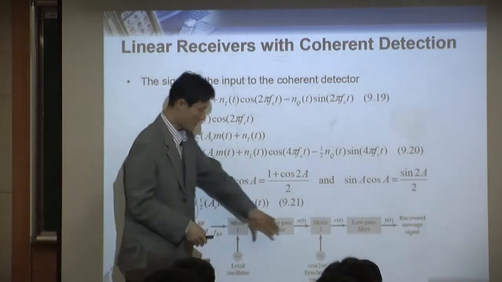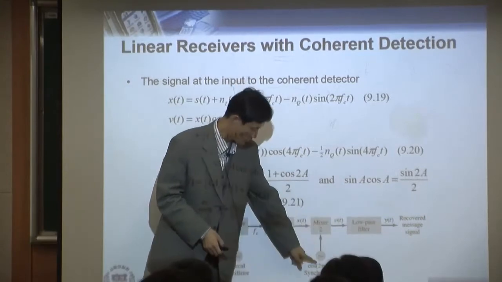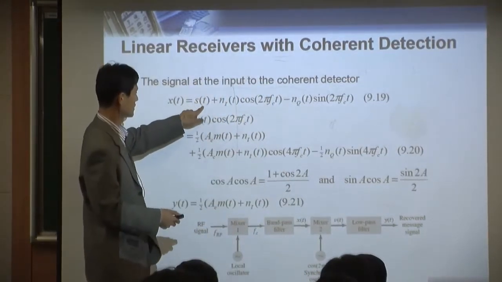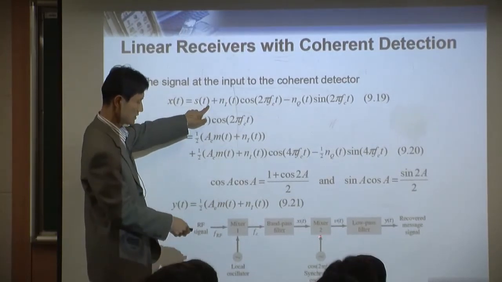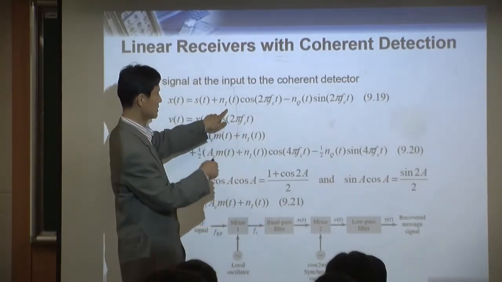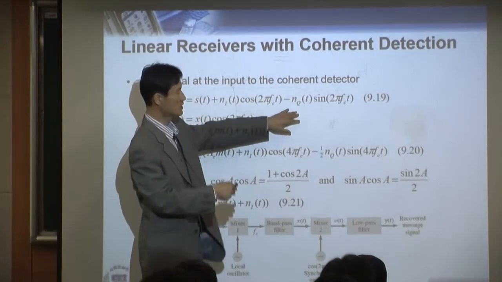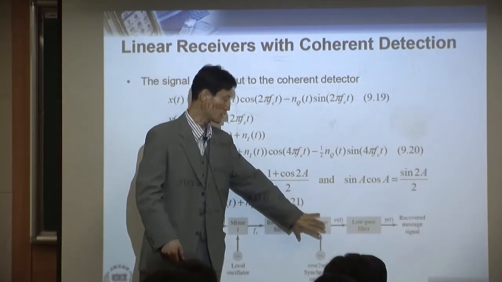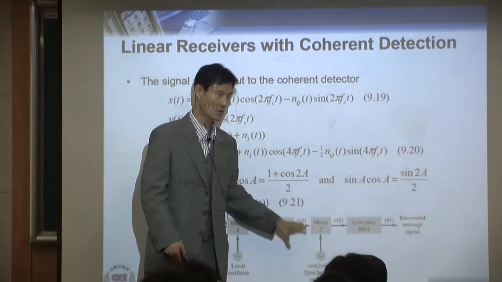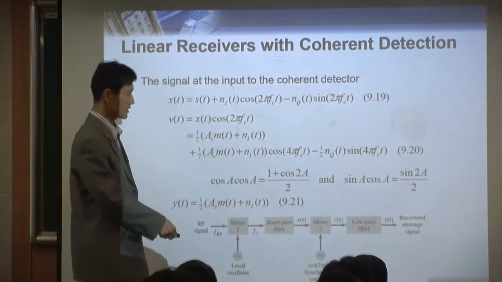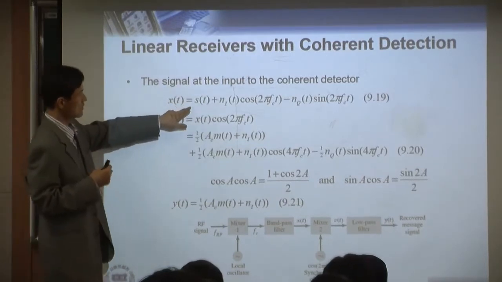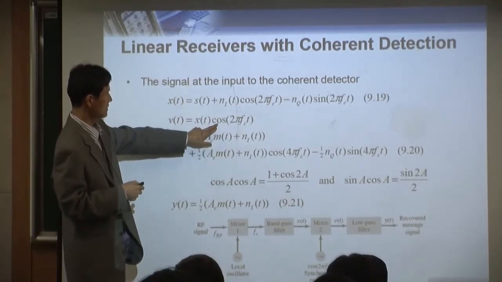The first thing that happens at the receiver is that you multiply by the cosine carrier. So s(t) times cosine, and also this baseband representation of the noise times cosine. Because that's the first thing in the coherent detector, right? So inside the coherent detector, you multiply by cosine. That's the first step.